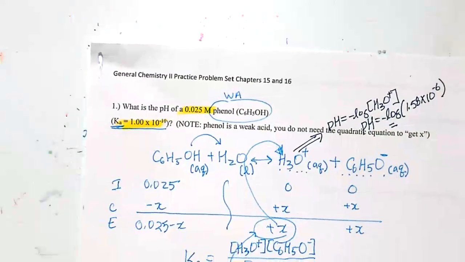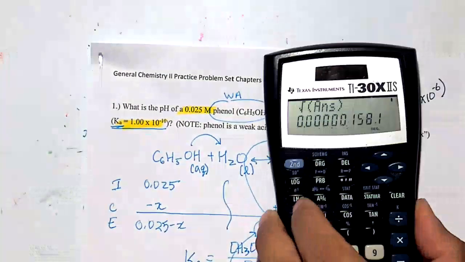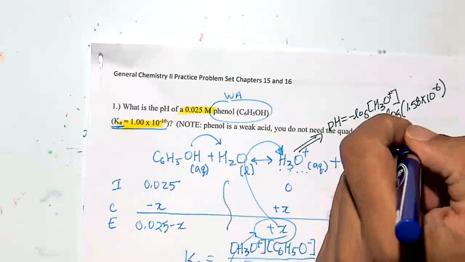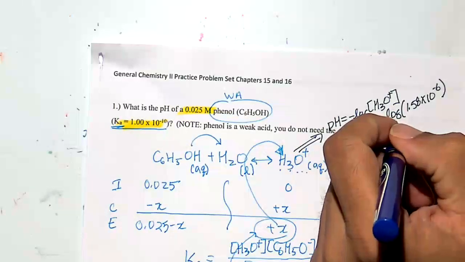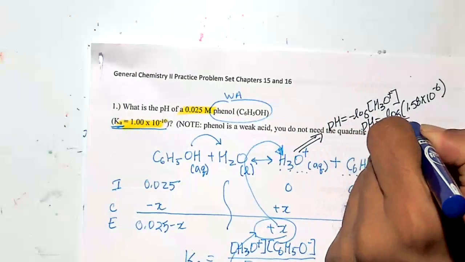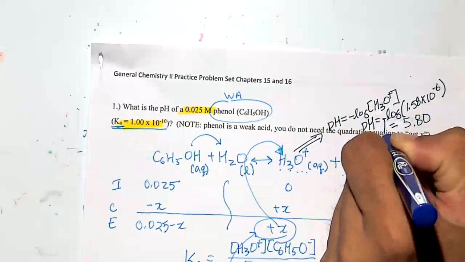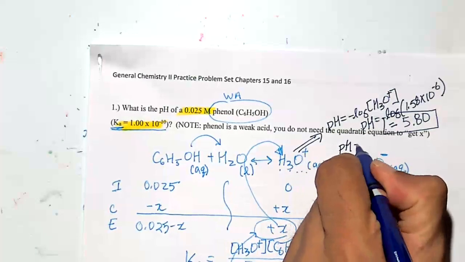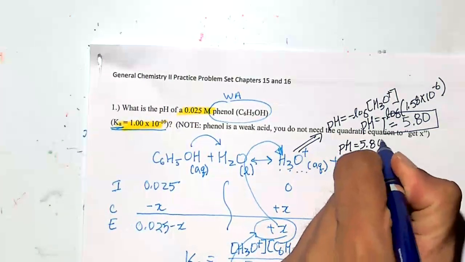And what is this on our calculator? 5.80. And this is our answer. Our pH is equal to 5.80.